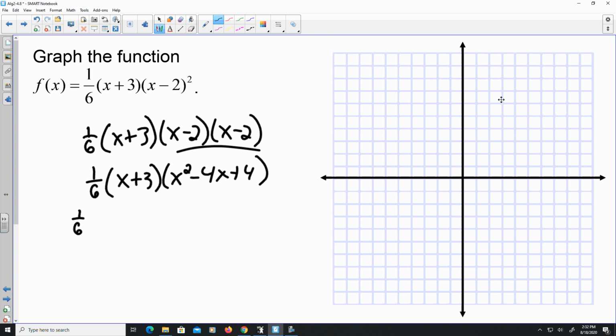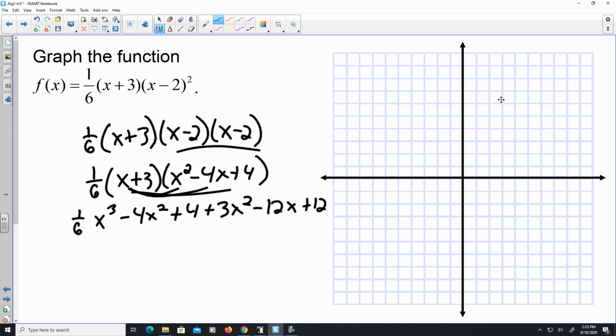So leaving the 1/6 out still, this is now going to be x cubed minus 4x squared plus 4x. That was just me multiplying these together. Now with the 3, it's going to be plus 3x squared minus 12x plus 12.